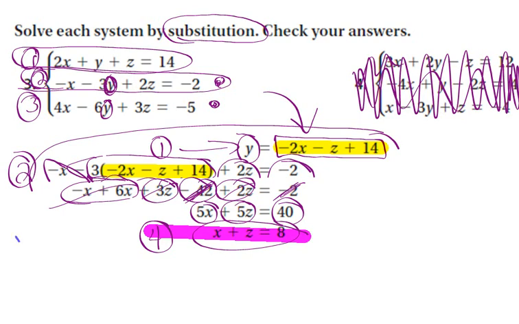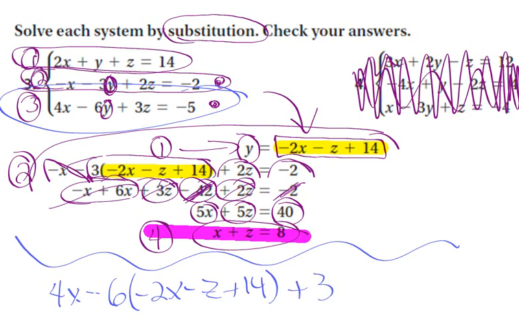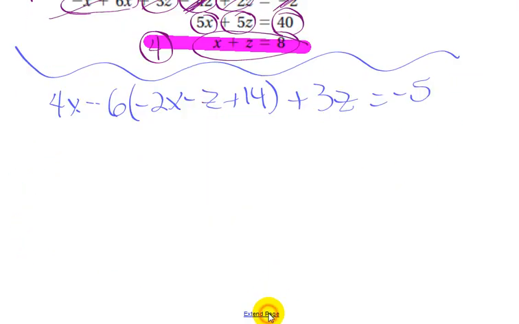So equation 3 here is 4x minus 6 times y, which is negative 2x minus z plus 14, plus 3z equal negative 5. Okay, so now we're there.